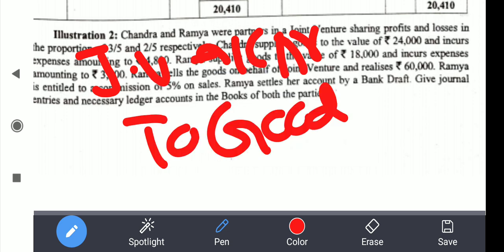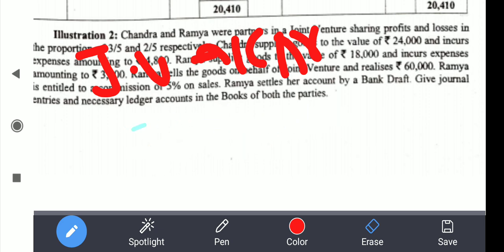So how much cost of goods was contributed by Chandra? 24,000 worth of goods supplied by Chandra. So joint venture account debtor to goods account 24,000. That's the first journal entry. Don't write Chandra's name here, because these journal entries are recorded in the books of Chandra, so you have to write goods only.